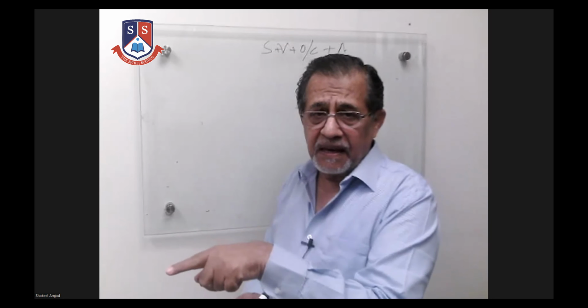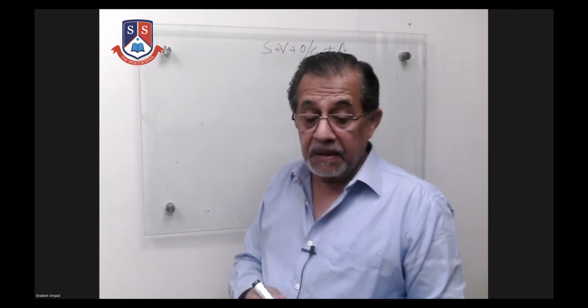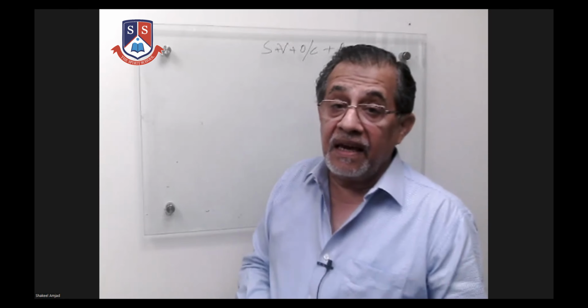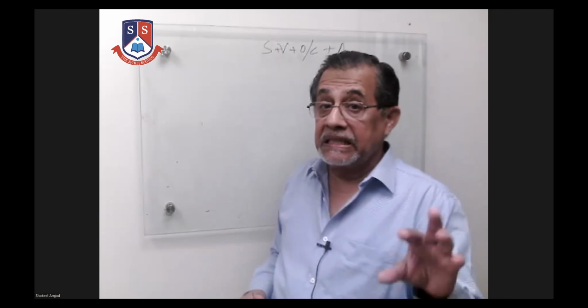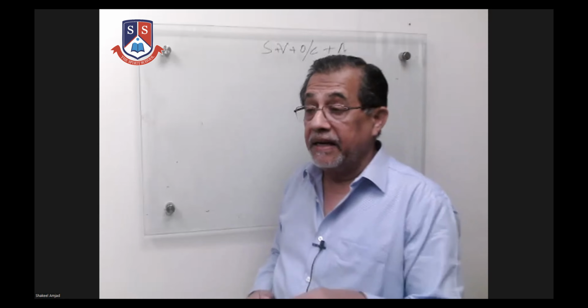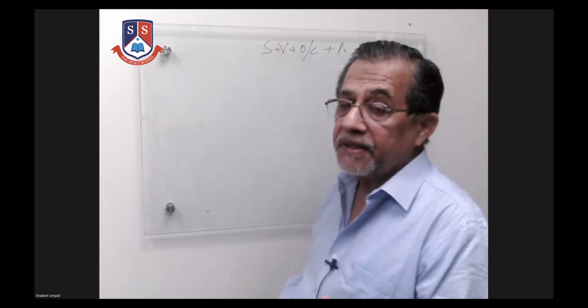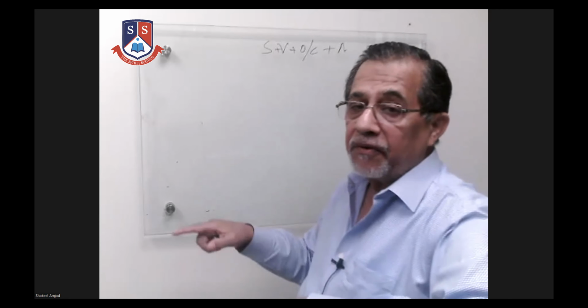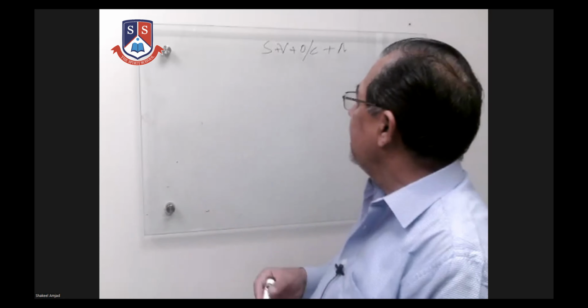SVO/C plus A. And a lot of people, when I asked them while teaching, what does A stand for? They say adjective. It's not adjective, it's adverb, right? Adverb is a component of a sentence, an element of a sentence. Adjective is part of any of the complement, not an independent one, right?